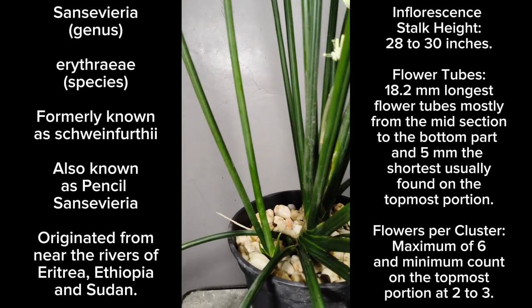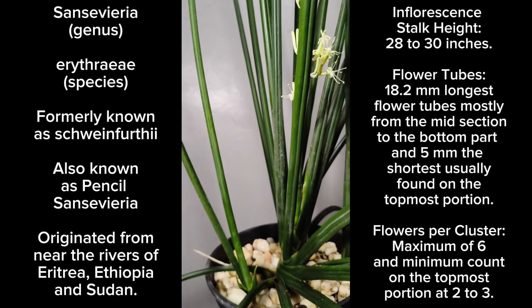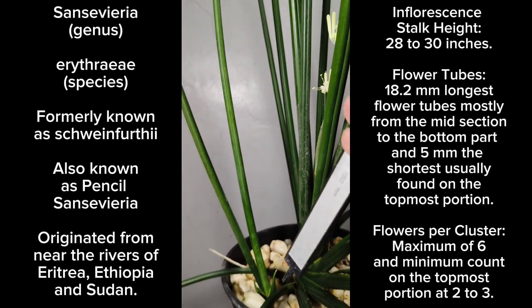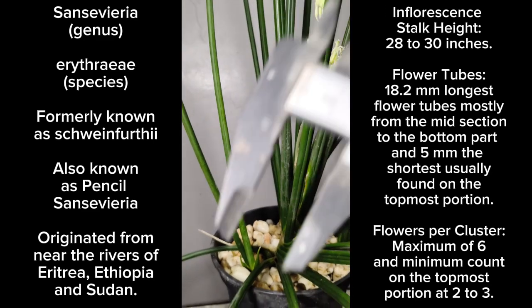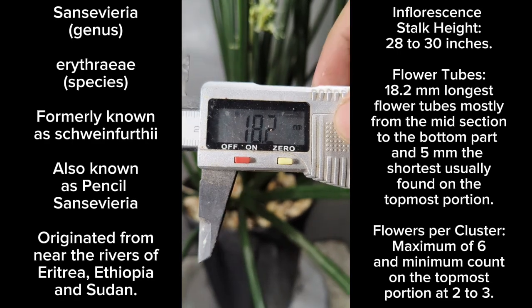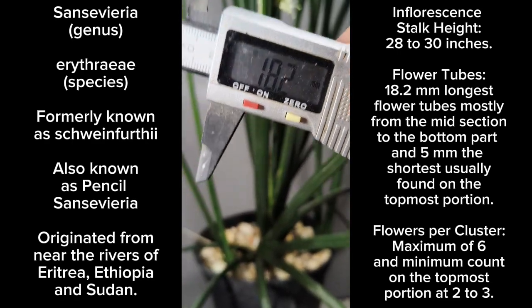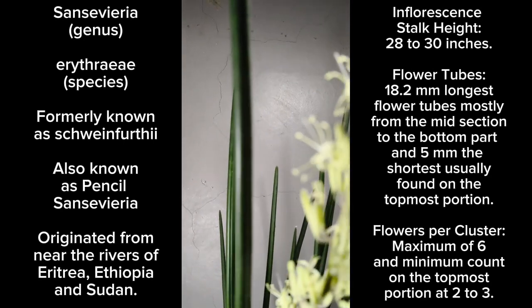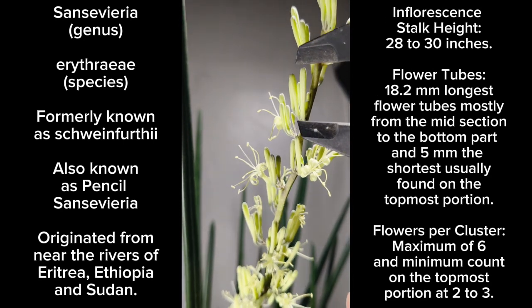again, let me set our tool to 0, and I'll measure the easiest ones to measure for this species. And the flower tube of Sansevieria erythraeae is 18.2. That's the longest one that I can count. So it's really variable.